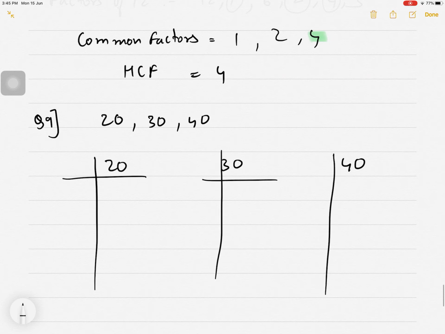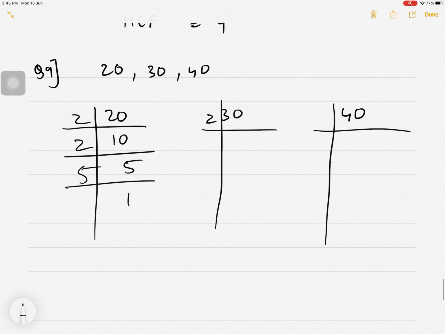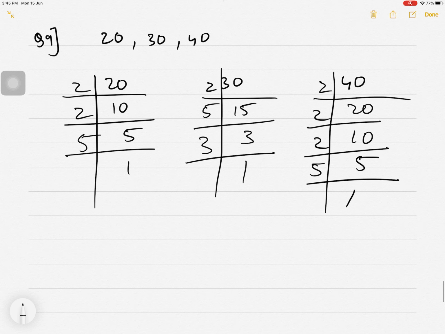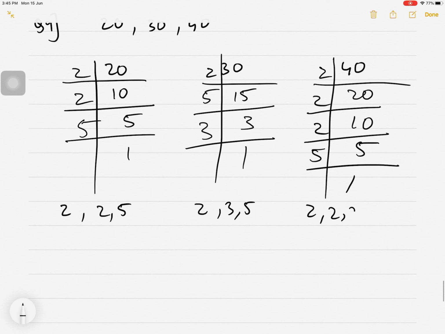Let us calculate the prime factors. 20 is 2 into 10, 2 into 5, 5 into 1. 30 is 2 into 15, 5 into 3, 3 into 1. 40 is 2 into 20, 2 into 10, 2 into 5, 5 into 1. So my prime factors of 20 are 2, 2, 5. Prime factors of 30 are 2, 3, 5. And prime factors of 40 are 2, 2, 2, 5.